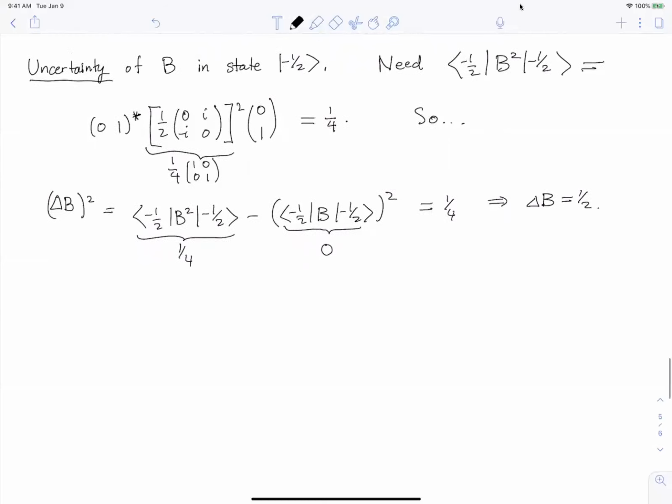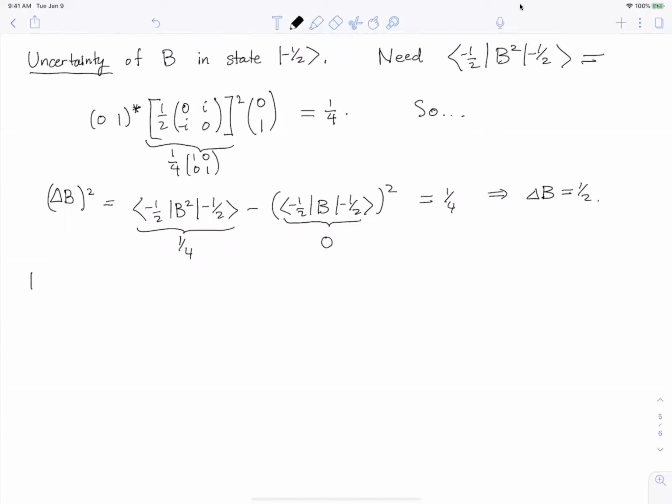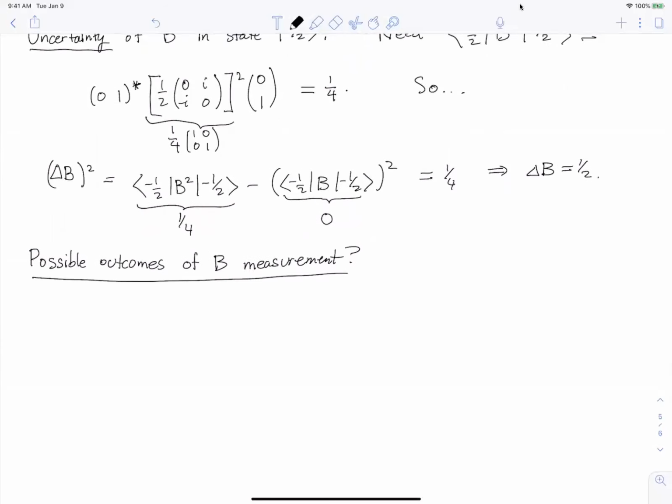Another thing that you can ask, according to the postulates, is what are the possible outcomes of measuring B? For that, the postulates tell us what we need are the eigenvalues of B. One of them is plus 1/2, and the corresponding eigenvector is 1 over the square root of 2, (1, i).